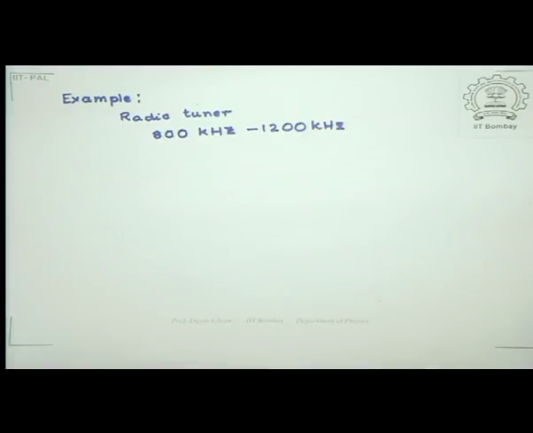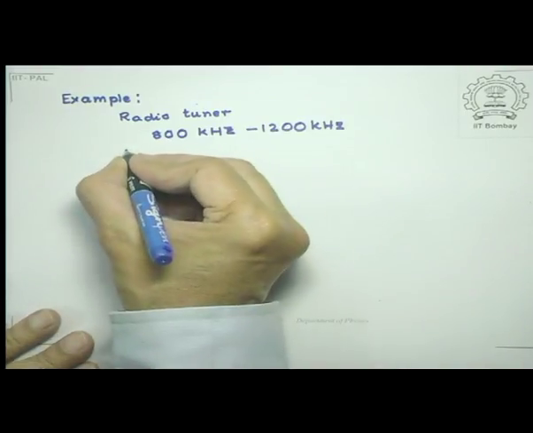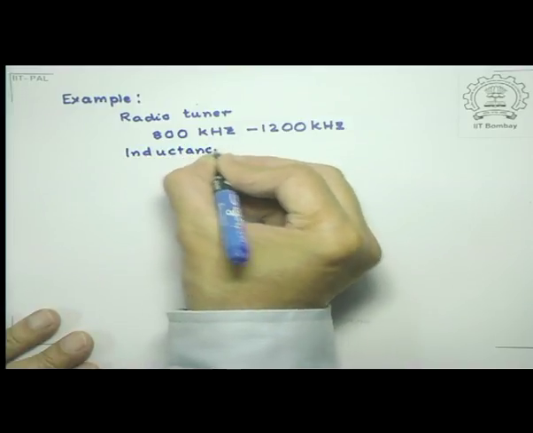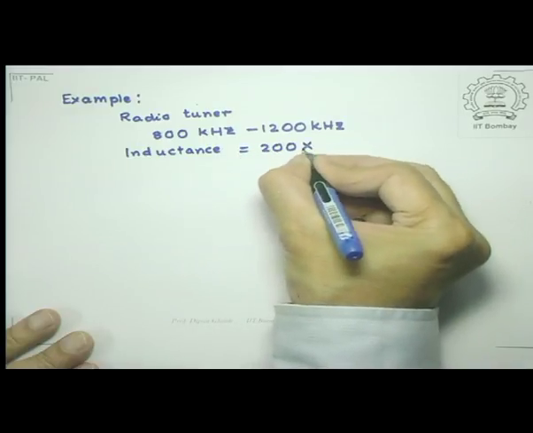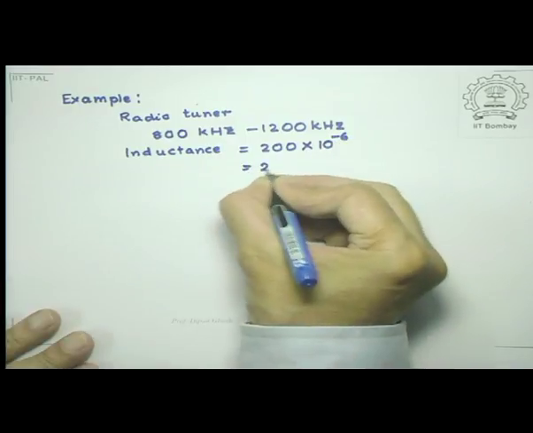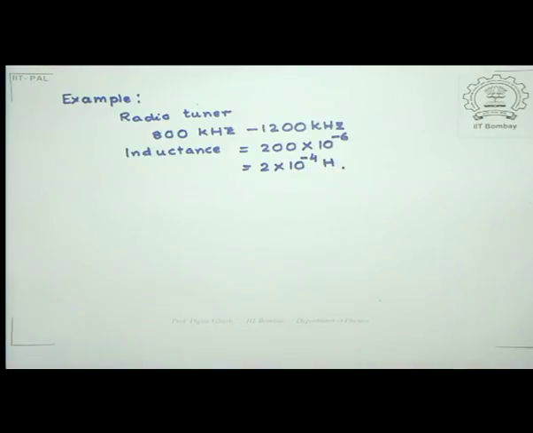And the inductance in the circuit is given to be 200 microhenry, which is the same as 2 into 10 to the power minus 4 henry. Now my question is: what is the range in which my capacitance varies?